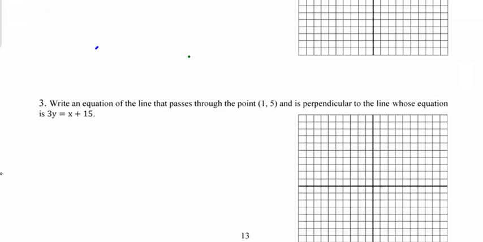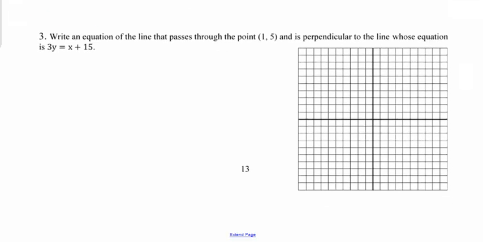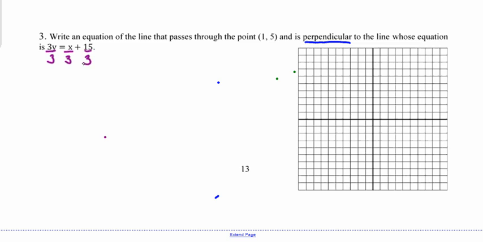All right, so moving forward, write an equation of the line passing through the point with coordinates 1, 5 and perpendicular to the line whose equation is 3y is equal to x plus 15. I'm going to first find the slope of this line by putting it in the form y equals mx plus b.